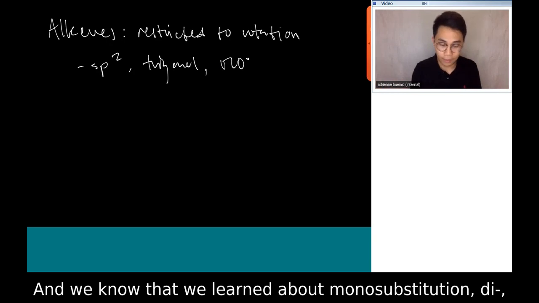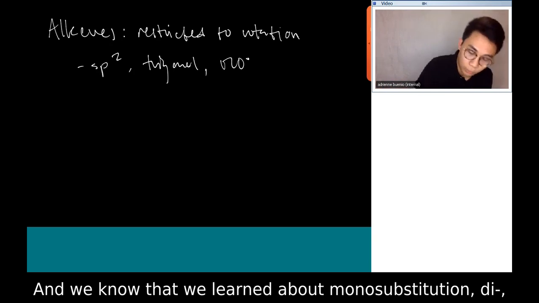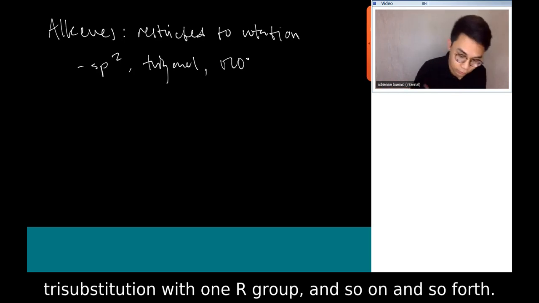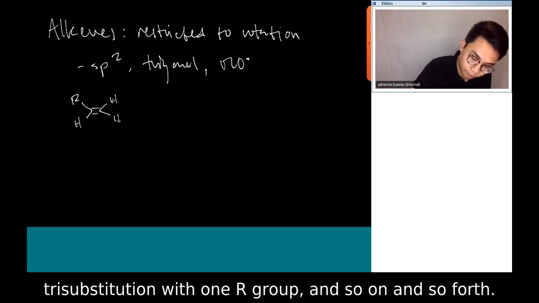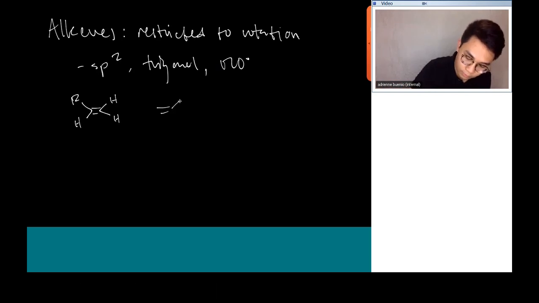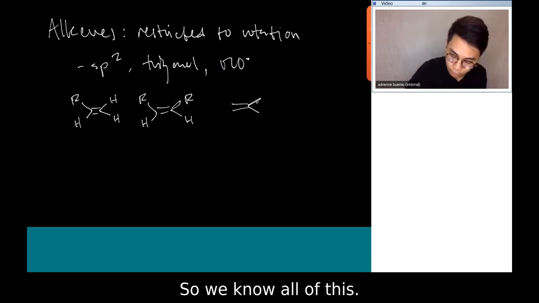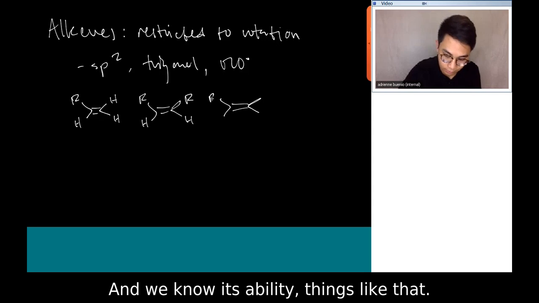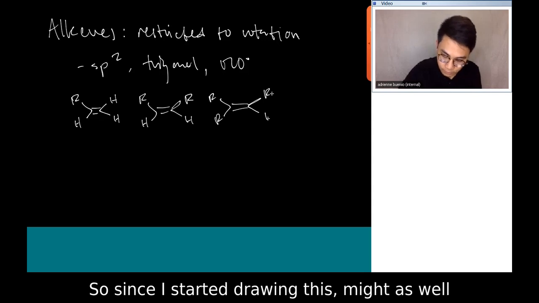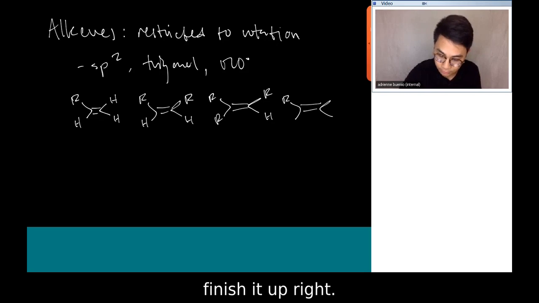And we learned about monosubstitution, trisubstitution, right? With one R group and so on and so forth. So we know all this and we know the stability, things like that. Since I started drawing this, might as well finish it up, right?